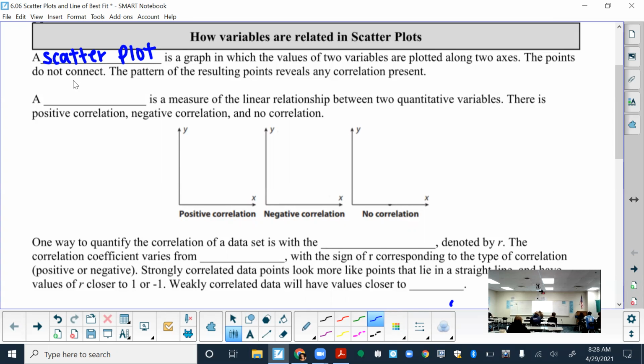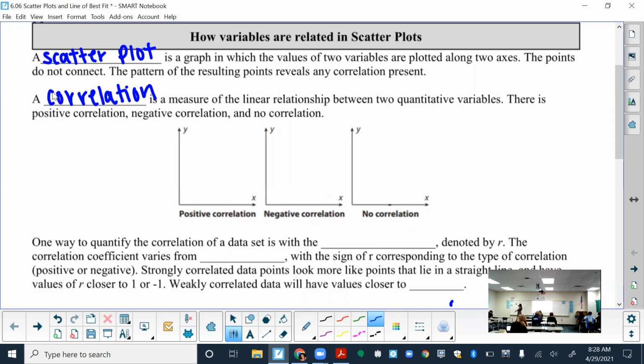A correlation is a measure of a linear relationship between two quantitative variables. So basically another word for relationship. There can be positive, negative, and no correlation, and we're going to illustrate that here.